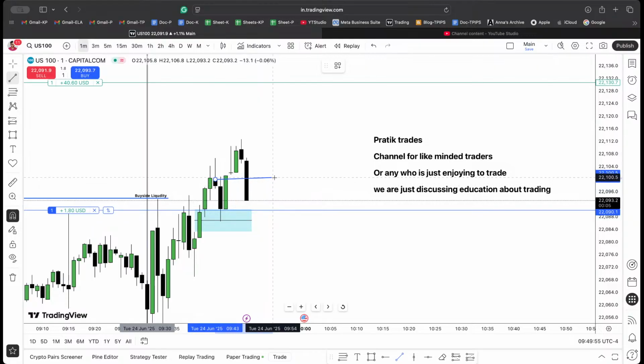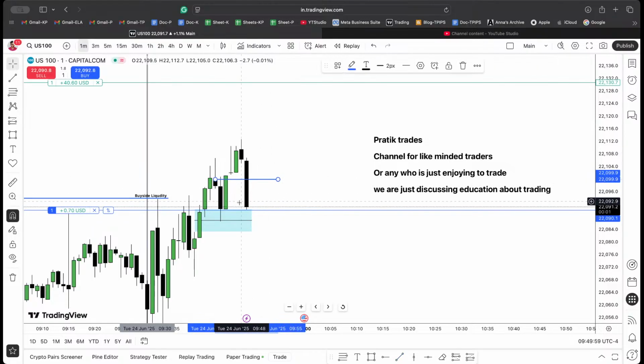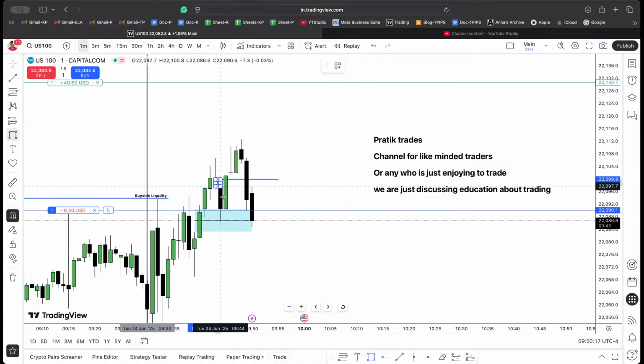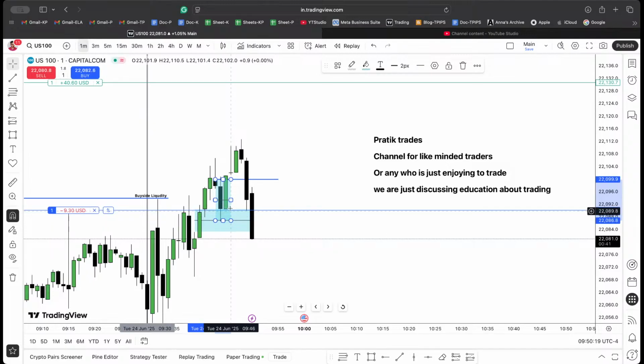This is the order block. It is a bullish order block, which means that the price is going to get into this and move upwards, or so it seems, but let's see. Yes, we can see that price has gone down through this order block, which is not a good sign for us.